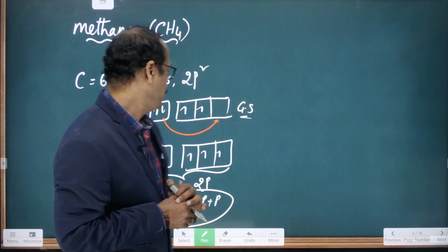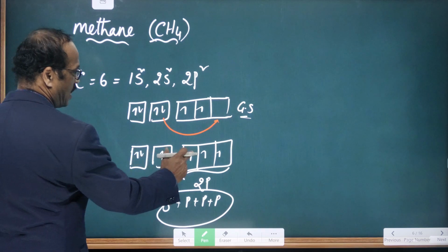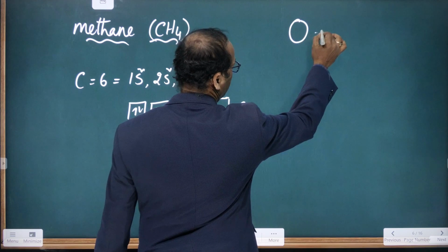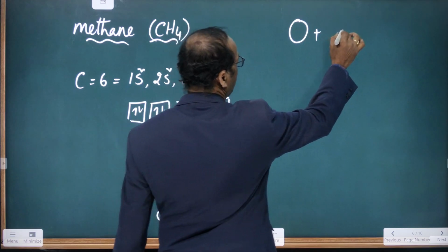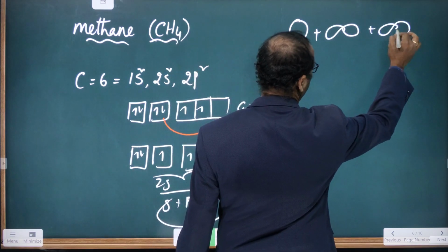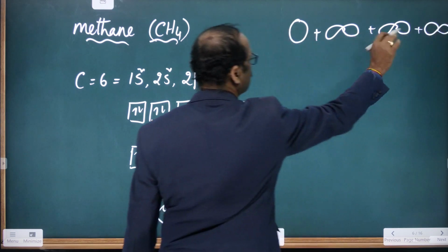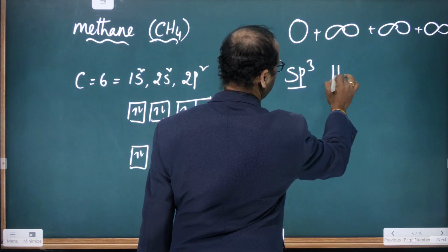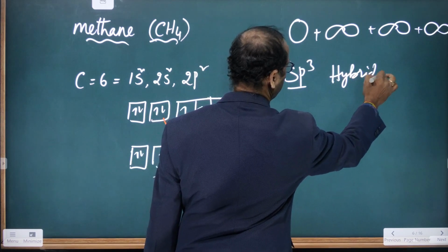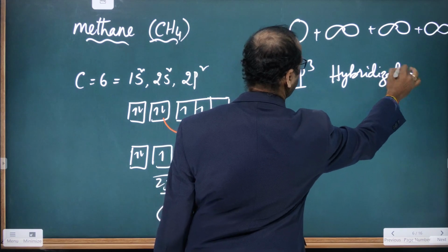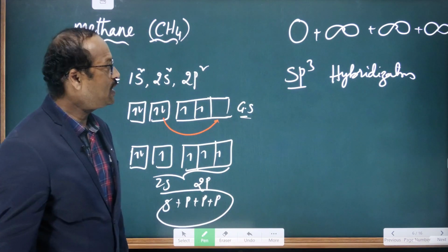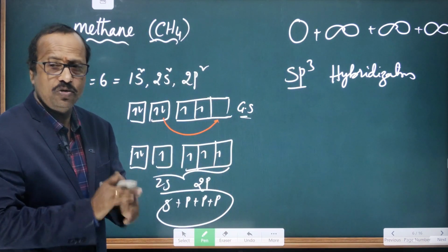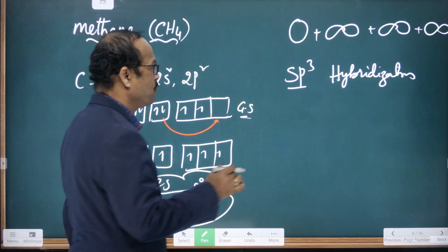Clear? So here we have 1 s orbital, which is spherical, and 3 p orbitals like dumbbells. These 4 are combining and undergoing sp3 hybridization. During sp3 hybridization, these 4 orbitals intermix with each other, so a new set of 4 hybrid orbitals will form.